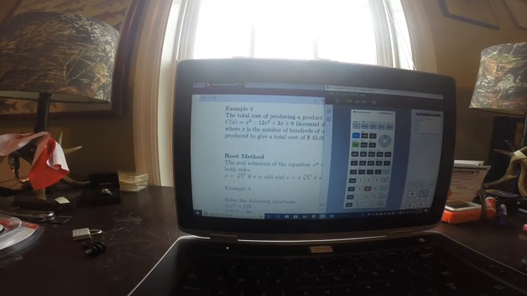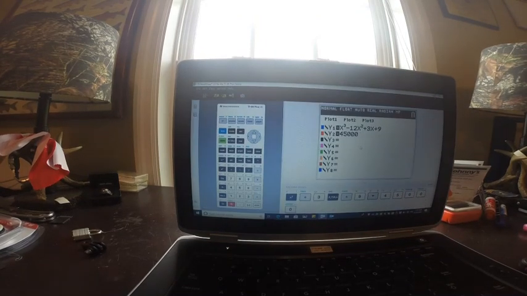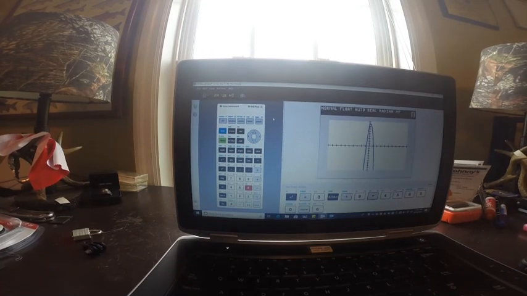I'm going to put that in y2. Okay, there it is. Now I'm going to do zoom fit, or you can do zoom standard first to kind of clear your preconceived stuff out. Next, zoom fit, and it should show you both. Maybe it doesn't do a great job of it, but it does show you both.